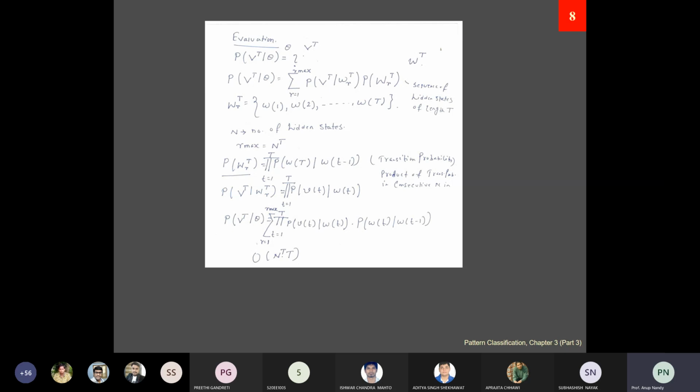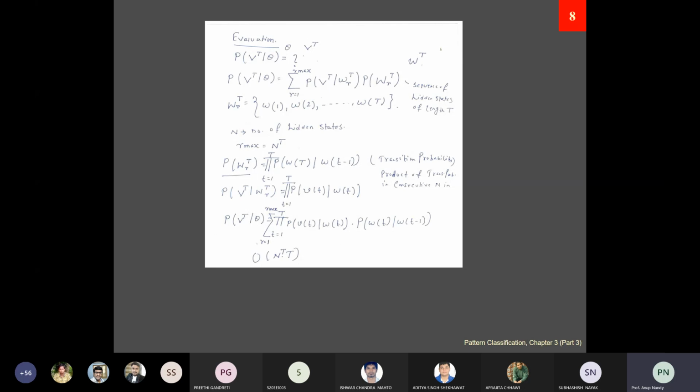If you do these things, it is computationally very intensive and takes a lot of time to compute this probability, and this is actually a crude computation. This computational complexity is of order N to the power T, as r max is equal to N to the power T. So you can think of it, it takes a lot of time to compute.